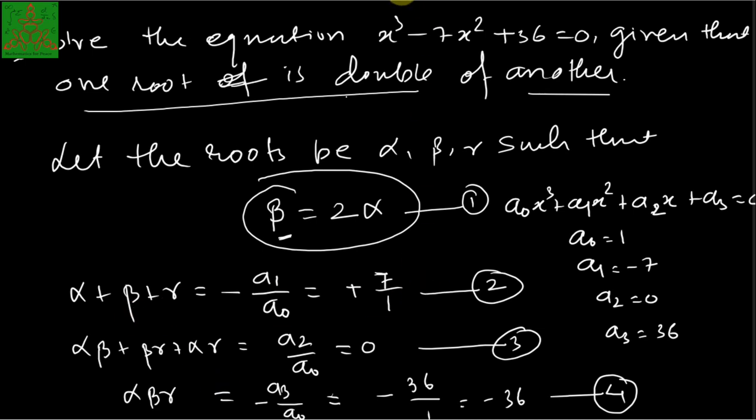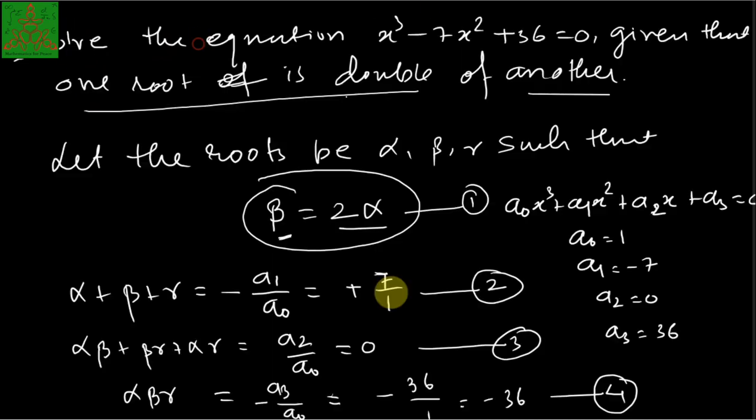Equation 2 becomes, by putting 2 alpha here, 3 alpha plus gamma equal to 7. Then if I put beta equal to 2 alpha, this is 2 alpha square, plus the other two quantities will be the same because it is 2 alpha here if I substitute.